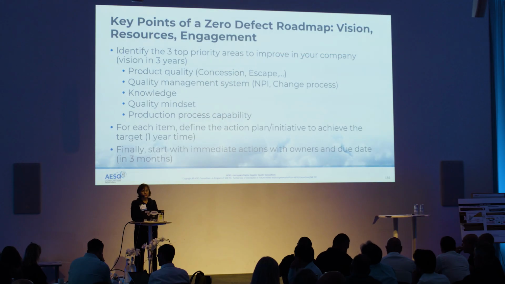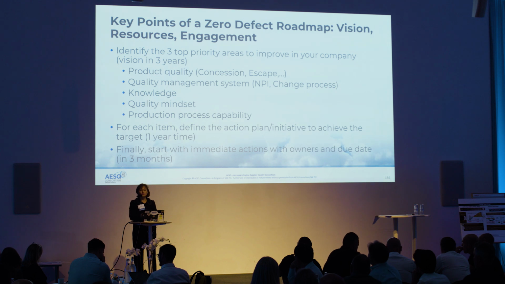So what we propose is a 3-step approach for the exercise, and you can think about it in your company. First, to build this vision, you can select the top 3 priority areas that you want to improve in your company. So how to do this? You have to think of what is the scenario in your company.